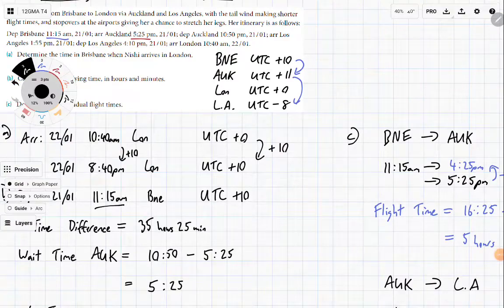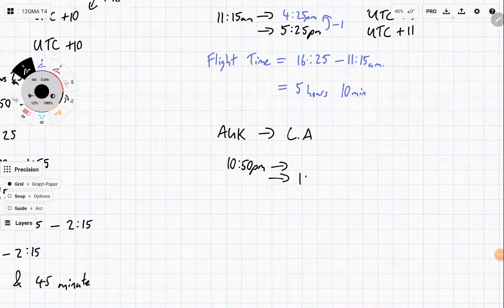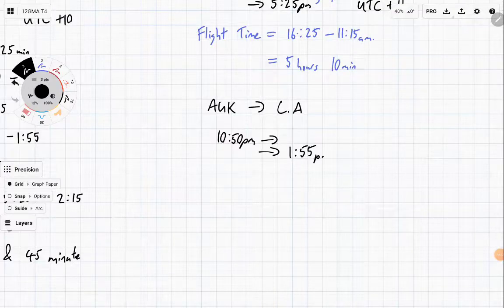It's in LA time, which is 1:55 p.m. This is in UTC plus 11, because that's Auckland time, and this is UTC minus 8. So the conversion is going to be 19 hours, plus or minus depending on which way we're going.